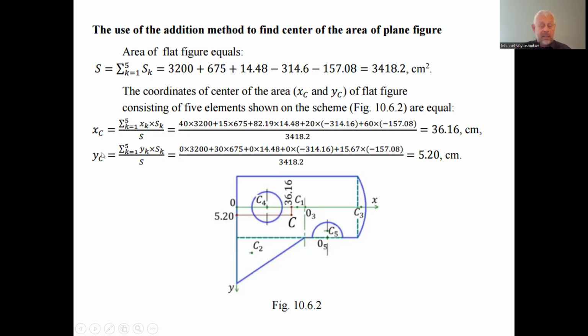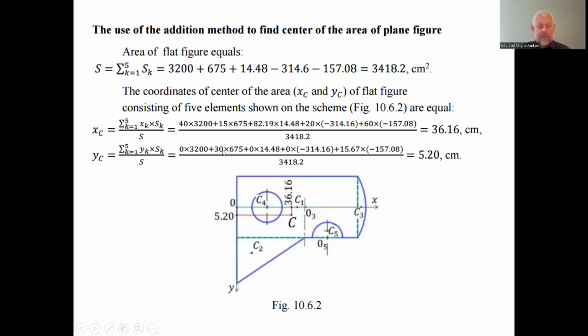And this is the ordinate, the same formula for the center of the area of the total figure, having in the numerator the static moment of all the components of the figure relative to the reference coordinate axis, here for the axis of abscissa.